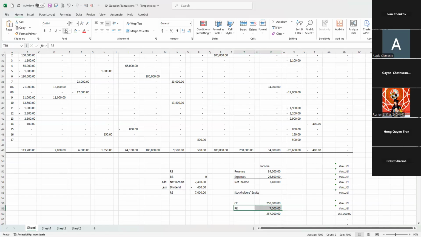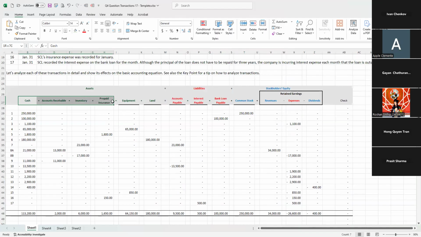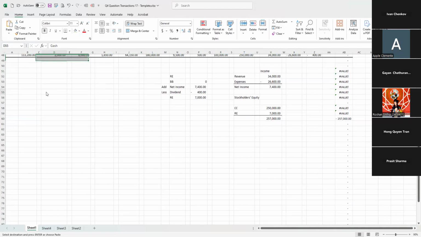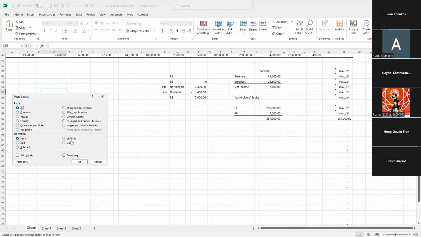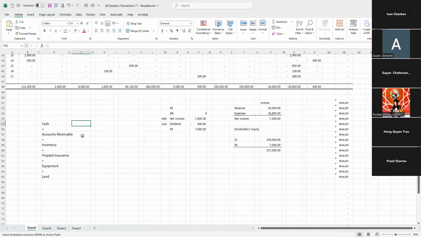So from here, I can now prepare the balance sheet. I'm going to get those things, Control C, and watch this. I'm going to paste special, values. And I have my cash, my accounts receivable, and everything. My cash is 13,000. Let's make it smaller.